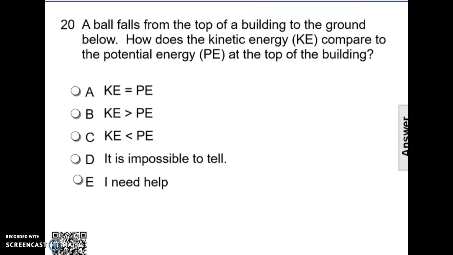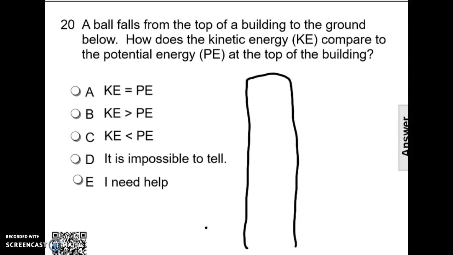As a ball falls from the top of a building to the ground below, how does the kinetic energy compare to the potential energy at the top of the building? Let's take a quick moment and draw this. Here's my building. As I lift the object up, it's going to gain potential energy. Imagine I drop it off the side of the building at the top.